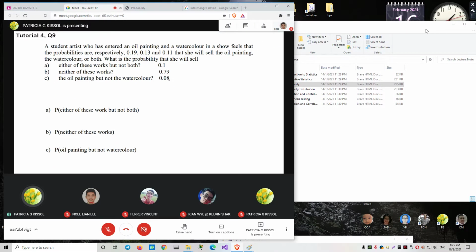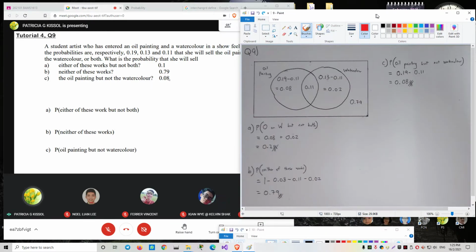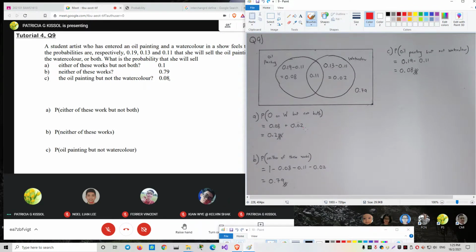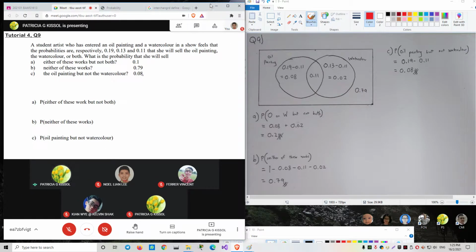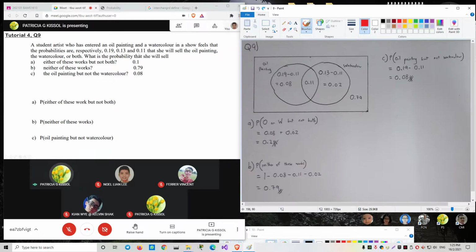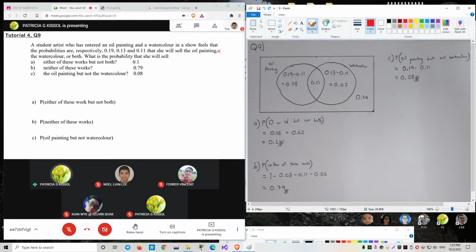A student artist has entered an oil painting and a watercolor, and the probabilities of her own judgment of selling them are 0.19, 0.13, and 0.11, that she will sell the oil painting, the watercolor, or both.